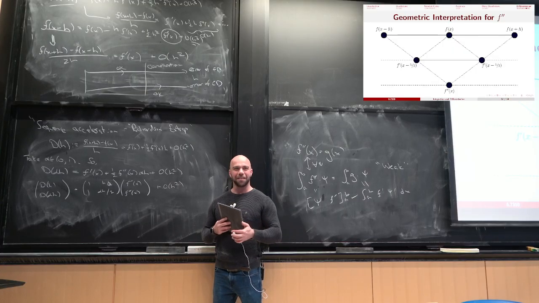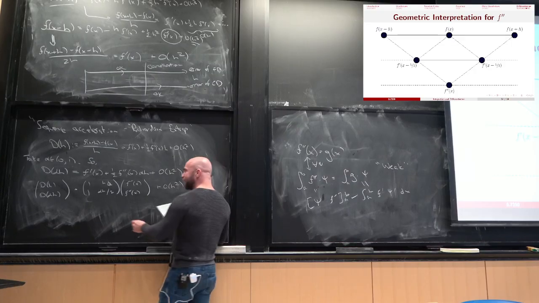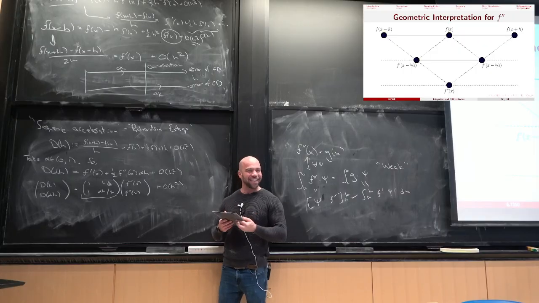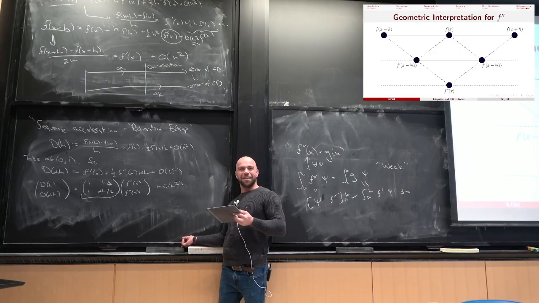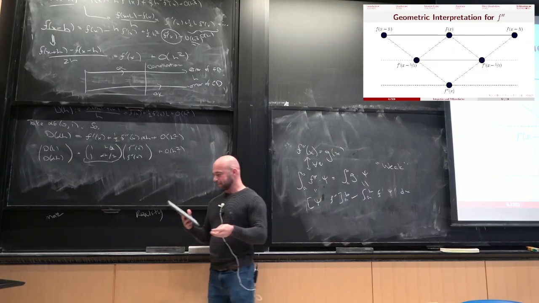What do you think I'm going to do? Yeah, solve this, ignoring the O of h squared. That's exactly right. I'm going to multiply both sides by the inverse of this matrix. Such a cool idea. This is just one of those things that never would have occurred to me to even try. Like, this Richardson guy, he's onto something.